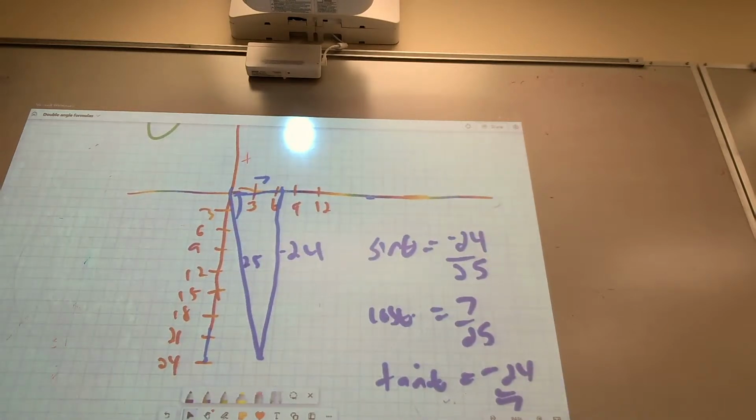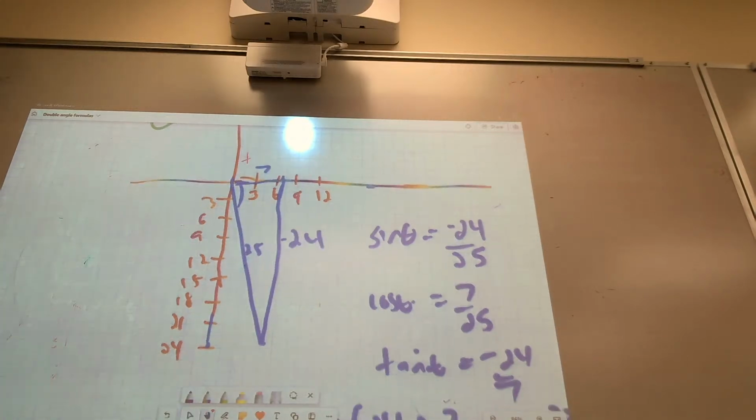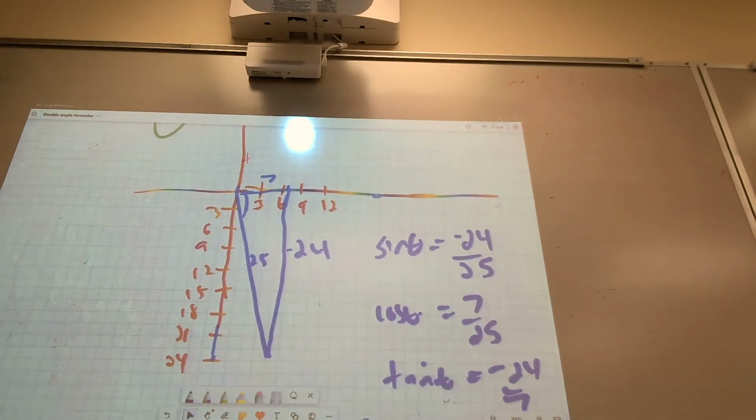You should have this: sine is negative 24 over 25, cosine 7 over 25, tangent negative 24 over 7. Just cruising through these problems. That's really good.